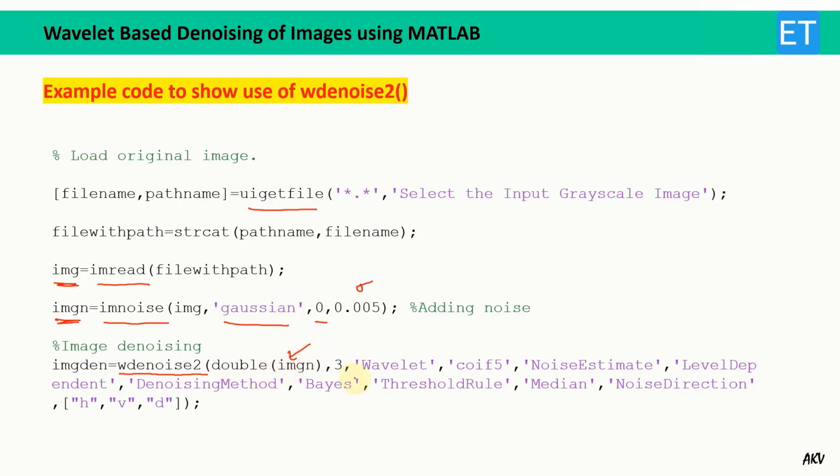This is my noisy image, this is my wavelet decomposition level n, and the wavelet used here is Q5. The noise estimation method is level dependent, the denoising method is Bayes, and the thresholding rule is median. Obviously that is the default for Bayes. Even if I don't write these two, Bayes and median will be taken as default, and the noise direction is HVD, which is also a default.